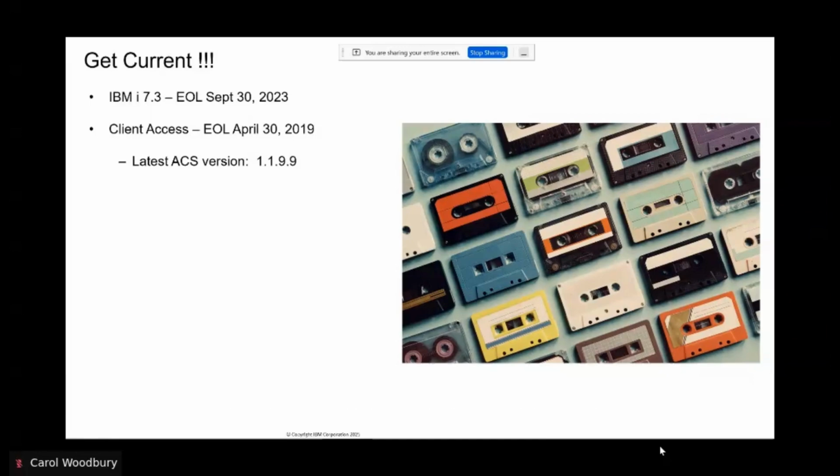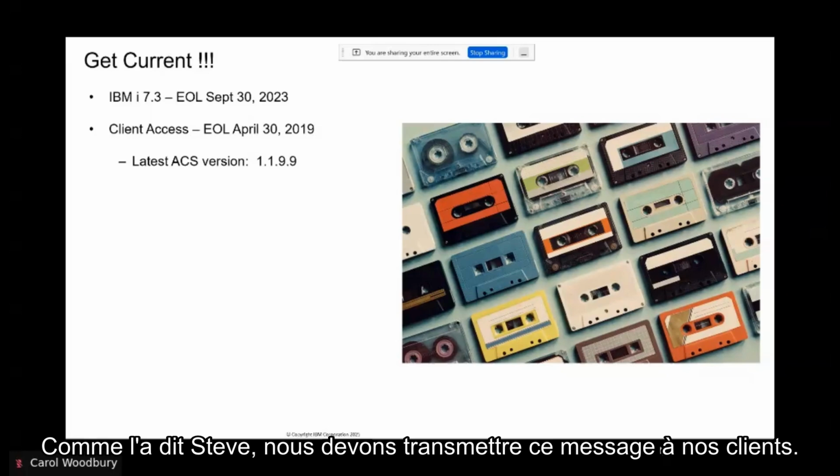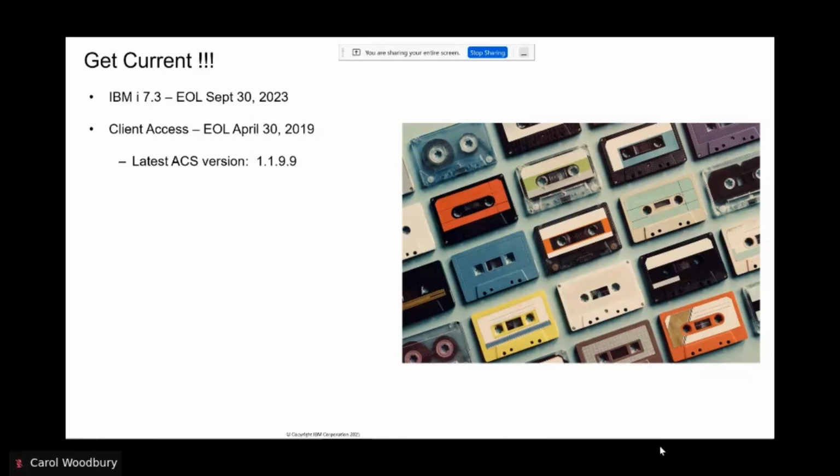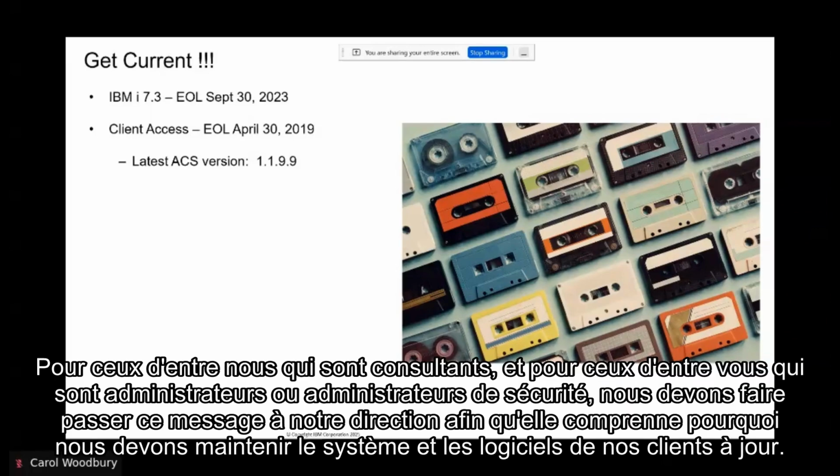As Steve said, we need to get that message out to our clients, for those of us who are consultants, and for those of you who are administrators or security administrators, we need to get that message to our management so that they can understand why we need to keep the system and our client software up to date.